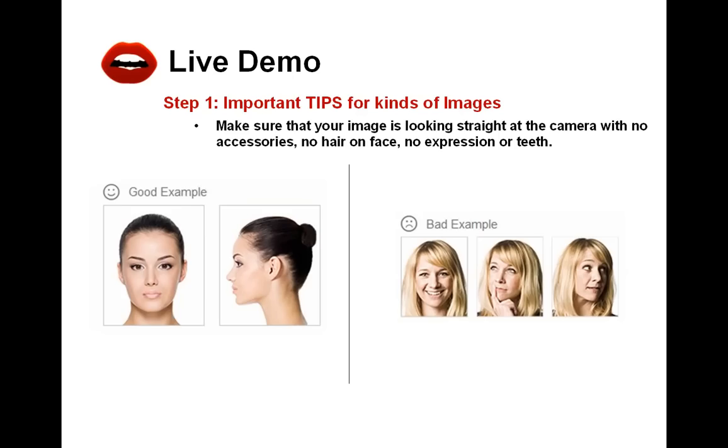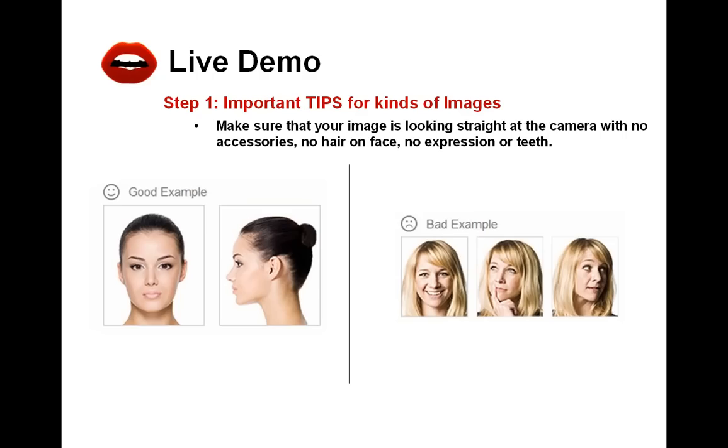Number one, try to make sure that the photo that you take or the picture that you acquire is looking straight at the camera, that the face and the head is not pitching up or down or left or right. You want to be looking straight, number one. Number two, make sure that your face has absolutely no expression. Okay, I'll re-say that. No expression.